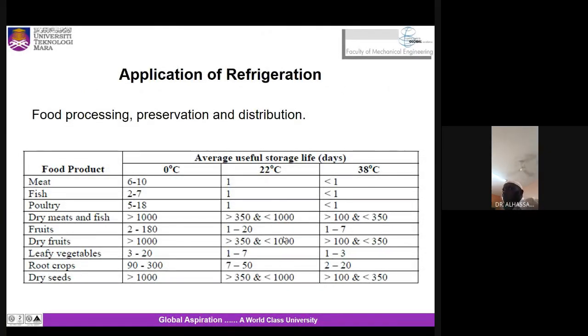Now the applications of refrigeration. Refrigeration is used in the food processing industry, preservation, and distribution.